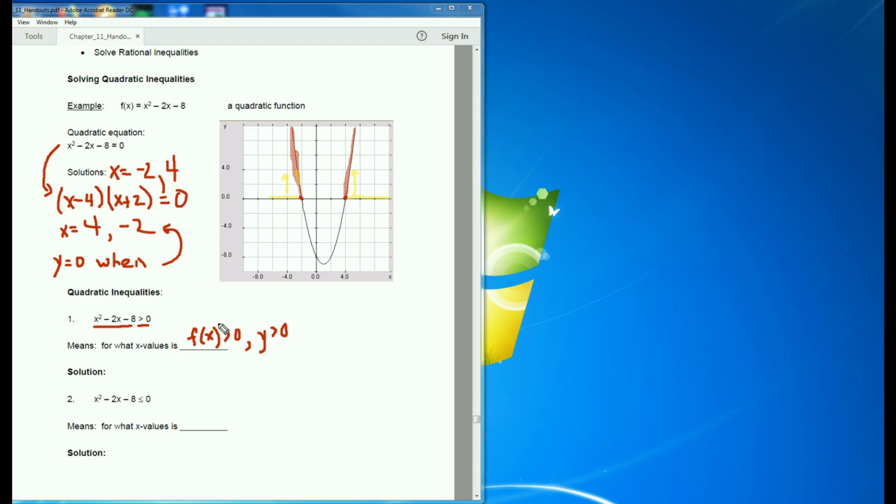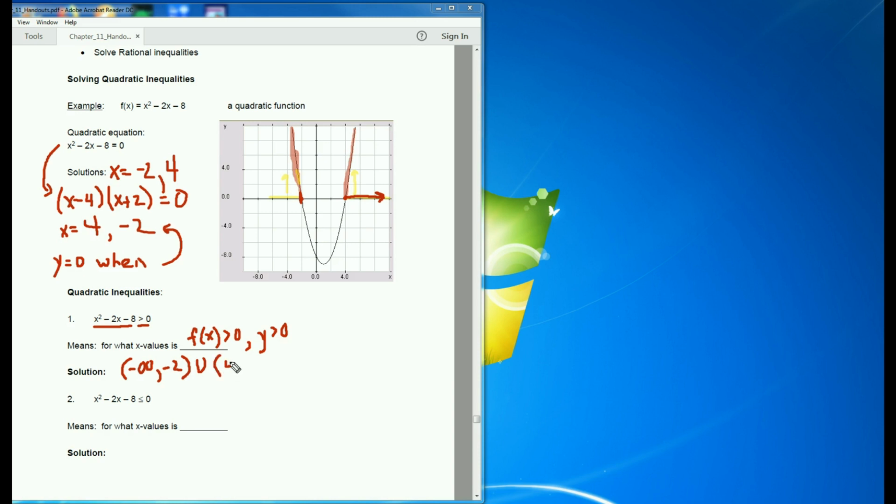So, in other words, the solution to this question, where is the function greater than 0, is going to be negative infinity up to this point here, which is x = -2, not including it because at -2 it equals 0, and then union with starting here and everything to the right.